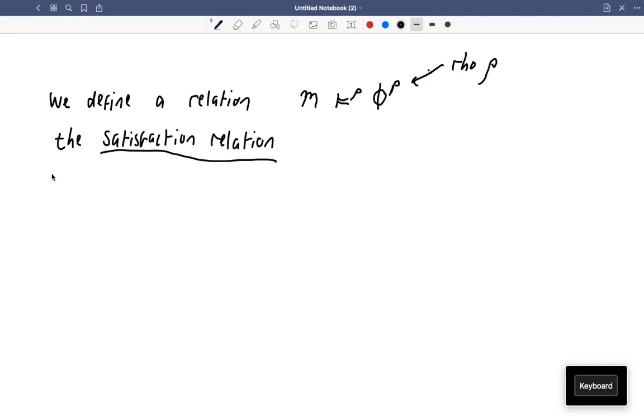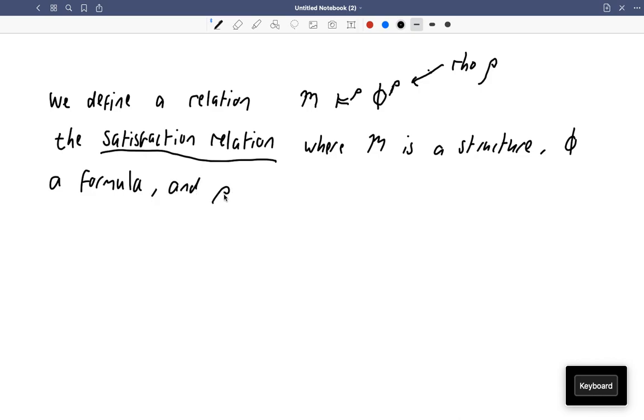So where M is a structure, phi a formula, both over the same signature, so they both use the same vocabulary of predicate and function symbols, and rho is an environment.